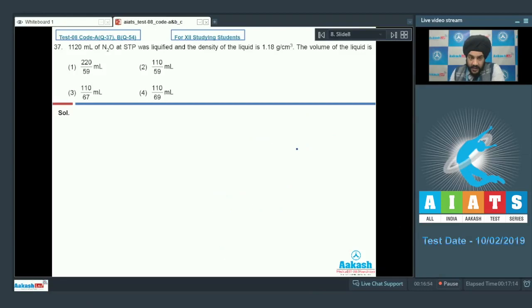Question number 37. 1120 ml of N2O at STP was liquefied and the density of the liquid is found to be 1.18 gram per centimeter cube. We have to comment on the volume of N2O which was collected. For the moles of N2O, we just have to divide the given volume by the molar volume.